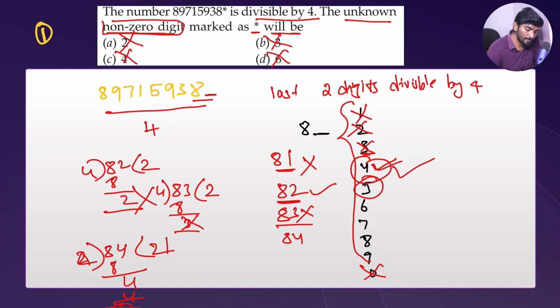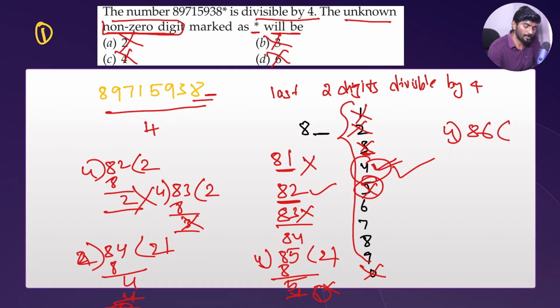Okay, 85 divisible by 4? 8 times 2, 5, 1 times 4. No, this is not divisible. 86, 4 twos are 8, 6, 4 ones are 4, 2.